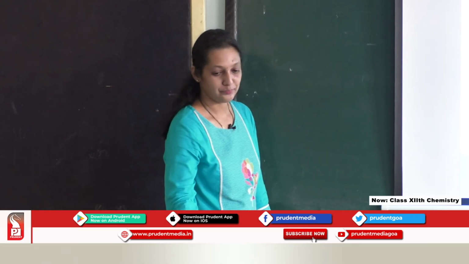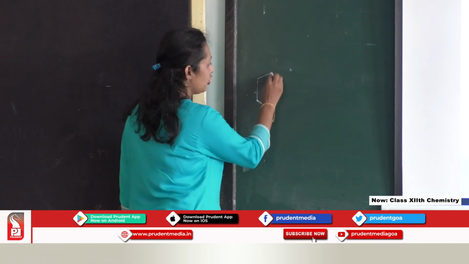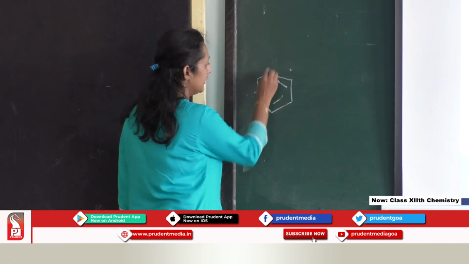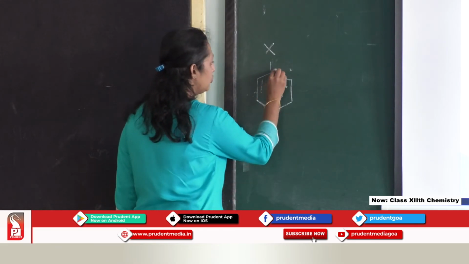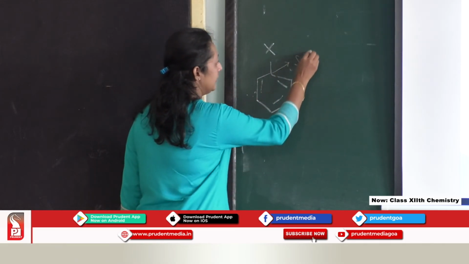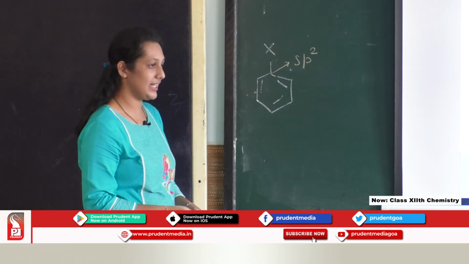Second one, difference in hybridization of the carbon atom in the carbon halogen bond. In case of haloarenes, the halogen atom is attached to a carbon that is sp2 hybridized. This is what we have seen in the classification.